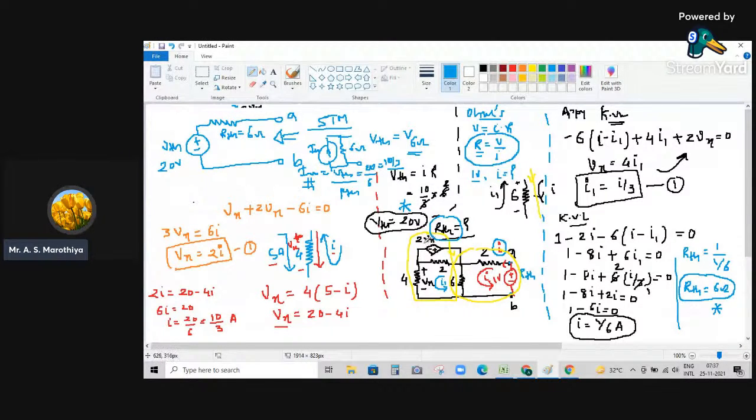To overcome that problem, we assume that we connect a very small voltage source across the load terminals, say 1 volt, and find the value of current supplied by that voltage source in that circuit. Once we have the value of that I, simply take the ratio V by I to calculate the value of RTH. So you need to remember this concept when dealing with these kinds of problems.